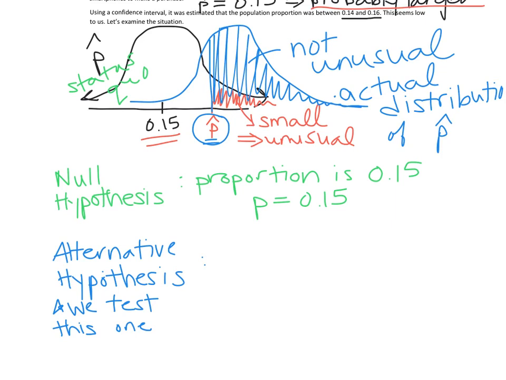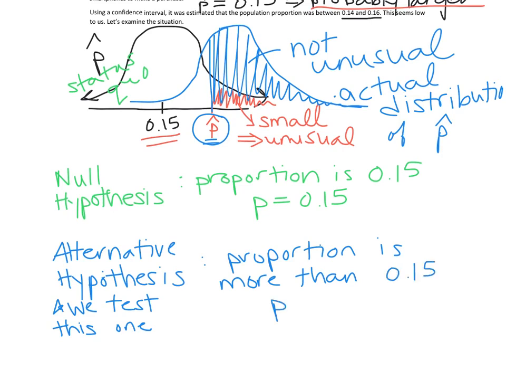In our case, we don't actually say what the proportion is. We just think the proportion is more than 0.15. And so in symbols, we write population proportion more than 0.15. Okay, and then we test it.